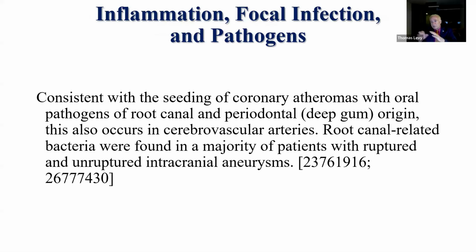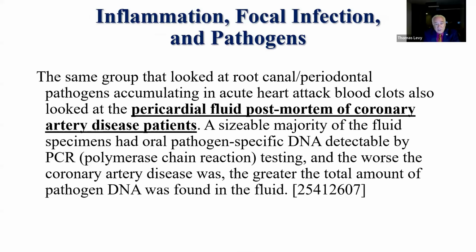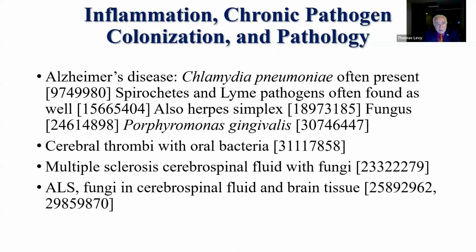Remember, the first blood vessel is the coronary artery, then it goes on up into the neck and into the head. So root canal related bacteria were found in a majority of patients with ruptured and unruptured intracranial aneurysms. Also found in the pericardial fluid, the fluid surrounding the heart, post-mortem in coronary artery disease patients.